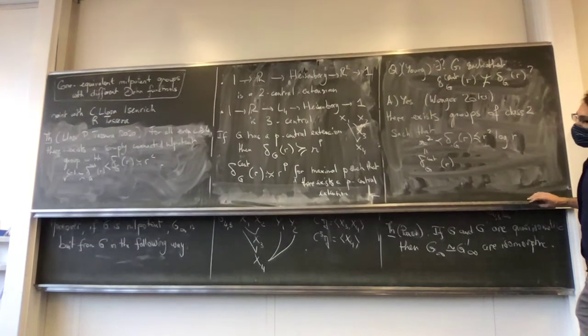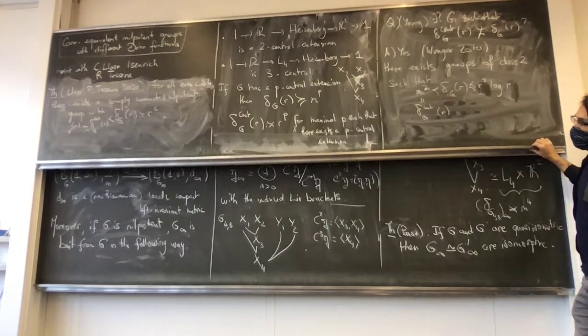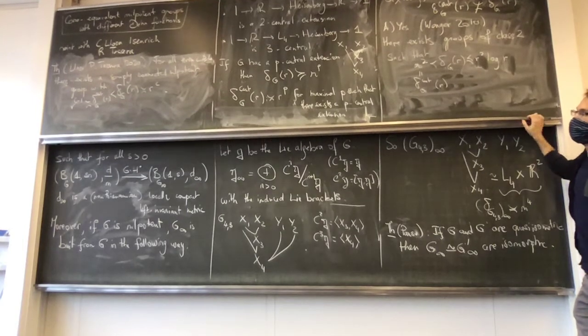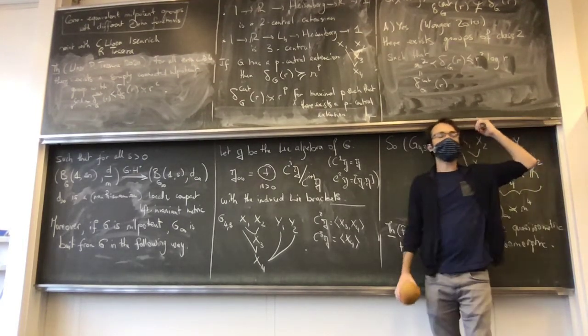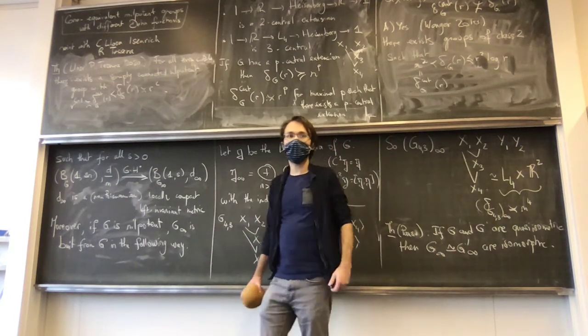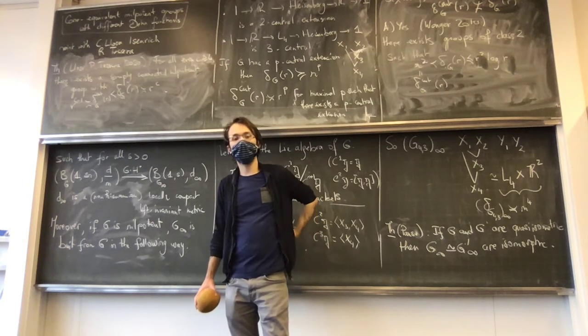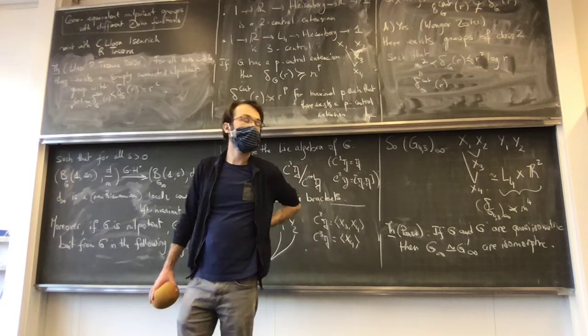investigating other groups. So I erased it, but regarding the classification of nilpotent groups up to quasi-isometry, it's known that the Betti numbers are quasi-isometry invariants, but it was refined by Sauer in 2006, who proved that the real cohomology algebras are quasi-isometry invariants.